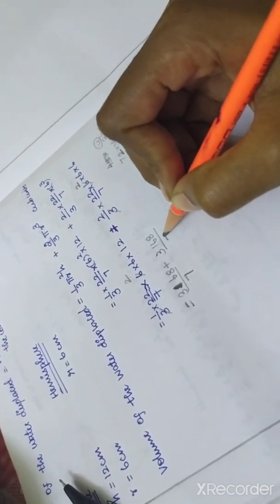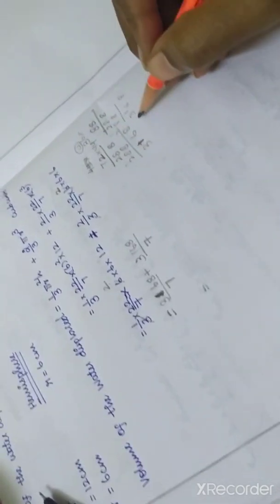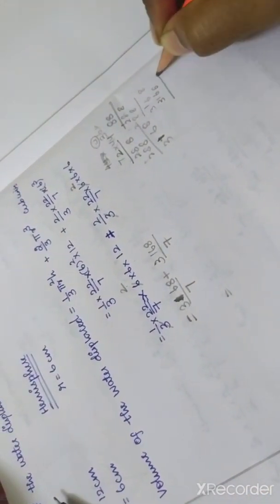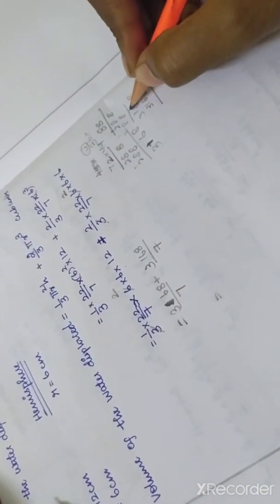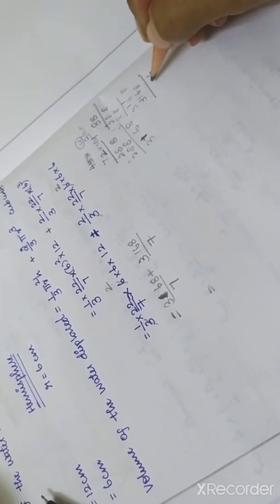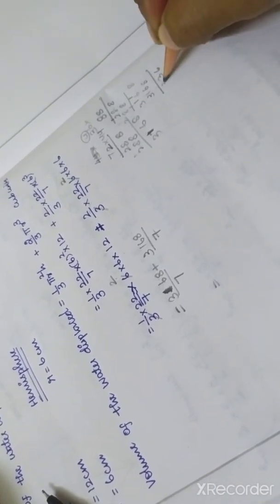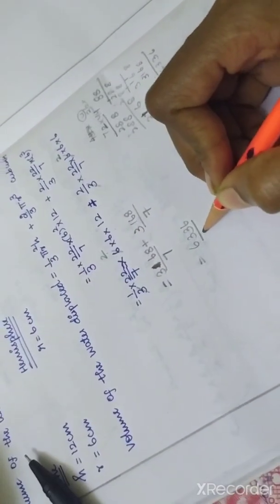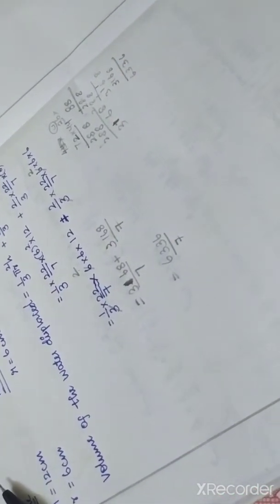3168 by 7. Both terms are equal, right? So the denominator 7 is common, I can directly add. 3168 plus 3168 is 6336 by 7.